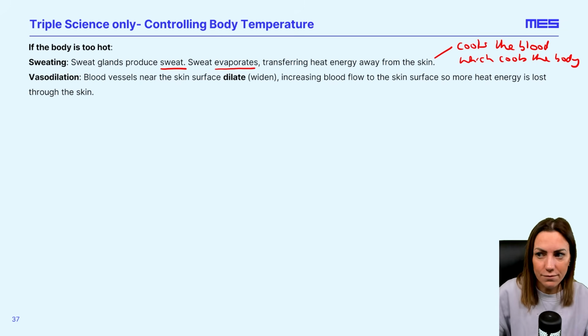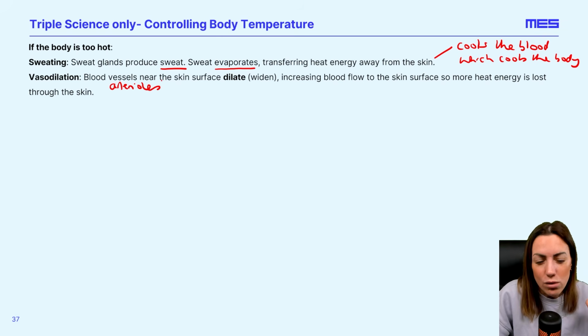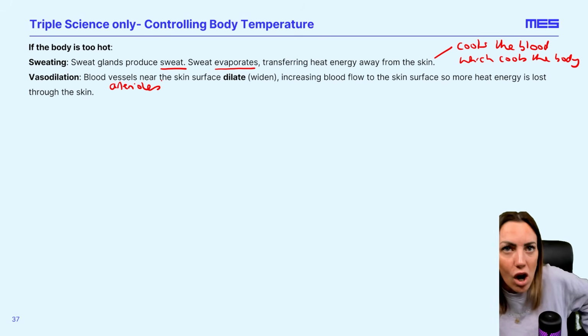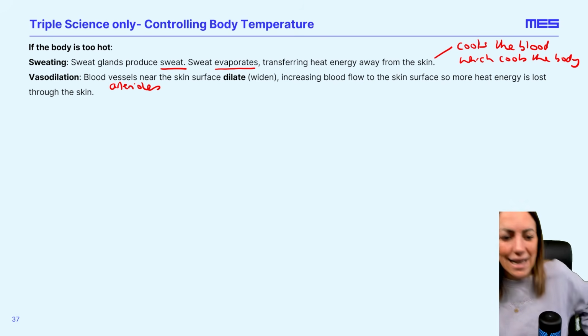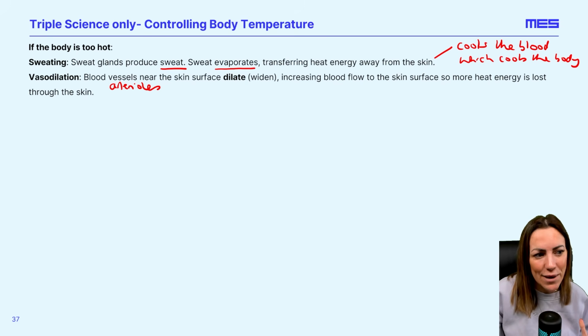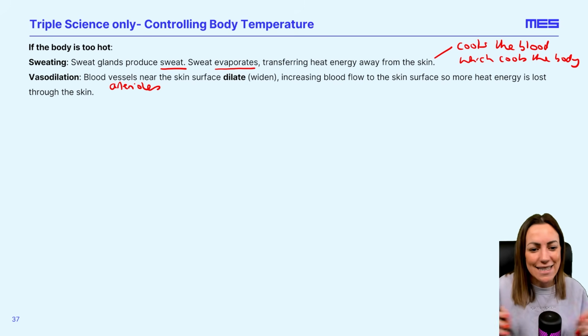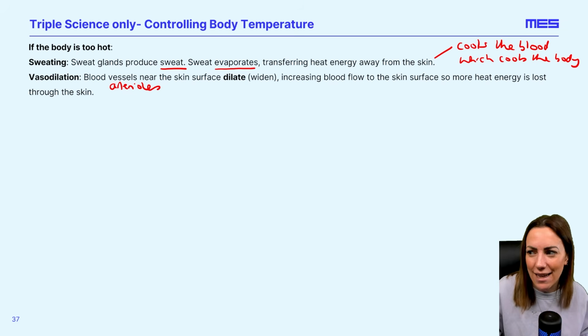Now, the second thing that happens if your body is too hot is vasodilation. Now, this is where blood vessels, it's actually the arterioles, so the very small kind of arteries, they will dilate. But we have to be a little bit careful here. It's not every blood vessel that's going to get wider. It's not every arteriole that's going to get wider.